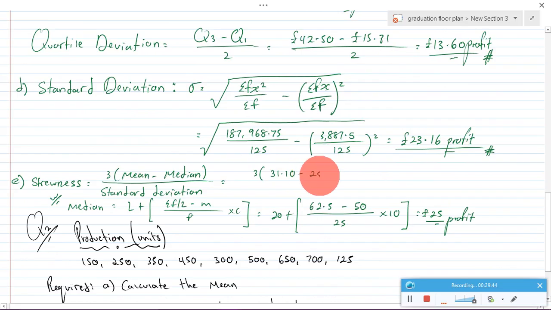Okay, so let's start with question 2 now. Mean. Remember the formula for mean, ungrouped data? Total x over n.